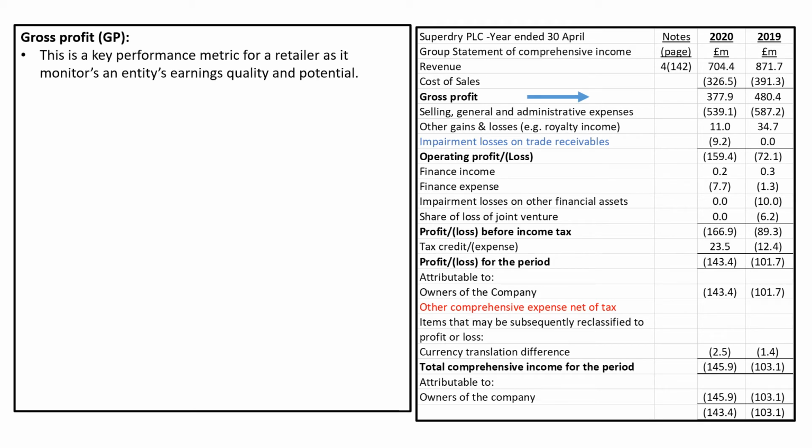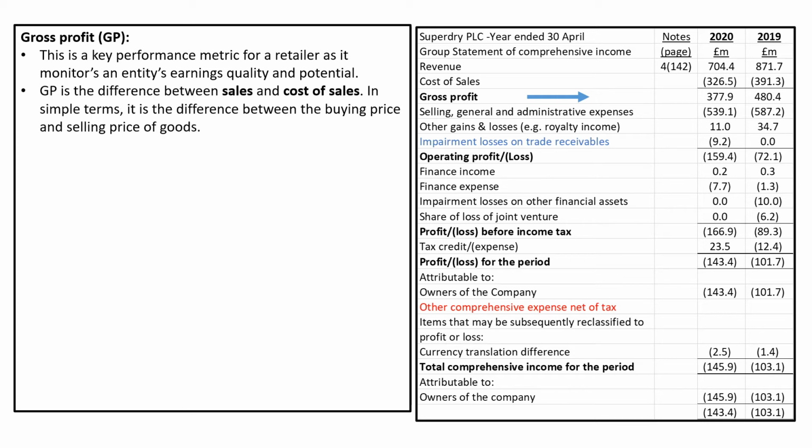The gross profit is a key performance metric for a retailer as it monitors an entity's earning quality and potential. It's the difference between sales and cost of sales. In simple terms, it's the difference between the buying price and the selling price of goods.